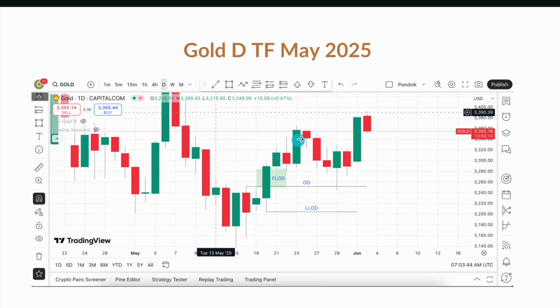Now after some time, we again retrace back into our fair value area. We again respect it and continue in the original direction, that is bullish direction. This is how first line of defense, overlapping defense, and last line of defense can work.